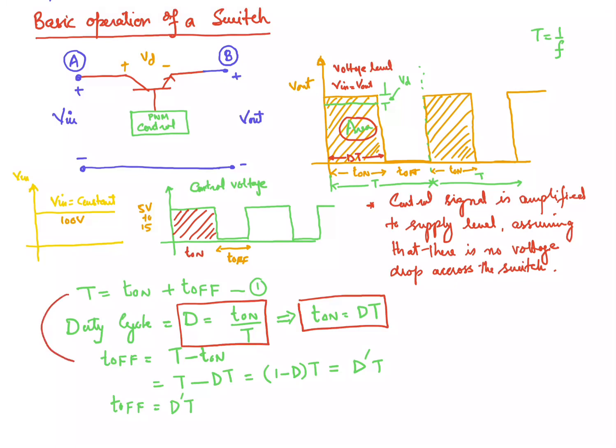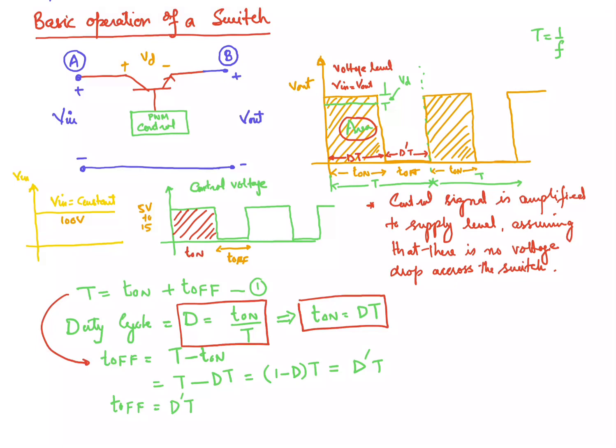Using equation 1, T off is equal to total time minus T on, and T on is equal to D T, as you have defined. Taking T common, I can write it as 1 minus D into T, and from now onward I will call 1 minus D equal to D prime. So this off interval is D prime into T.